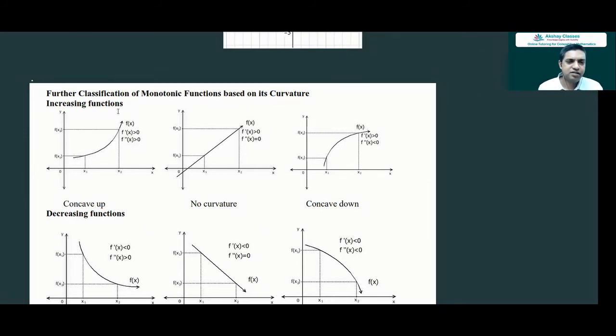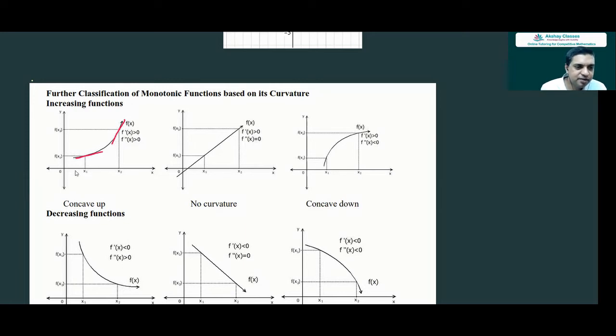So what makes the difference? Here you see f of x1 and f of x2. f of x2 is greater than f of x1, where x2 is greater than x1. Because the function is increasing, when you move from left to right, the first derivative is positive. Now look very carefully. At x1, I draw a tangent, and at x2 also I am drawing a tangent.